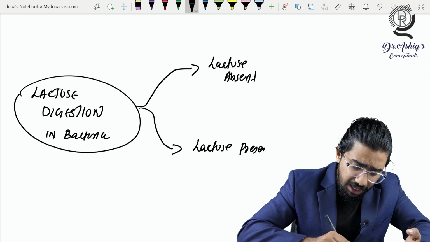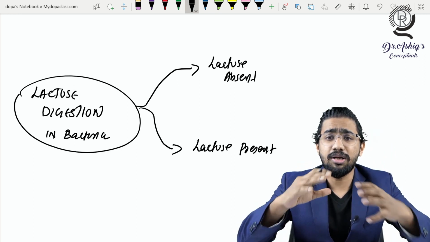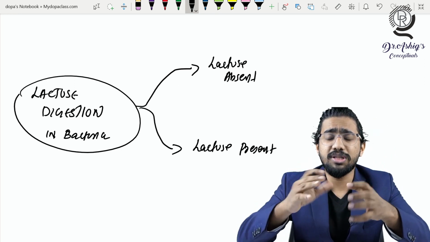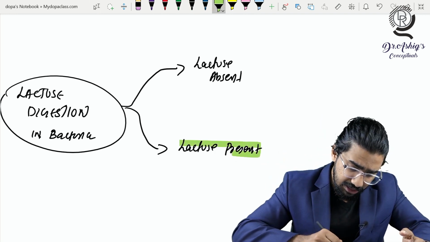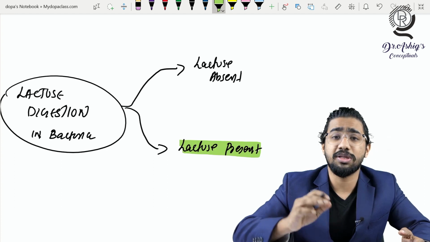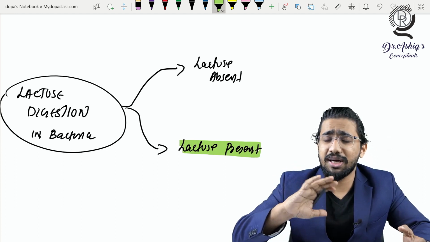In which condition does the bacteria have to produce the enzymes for lactose digestion? Bacteria have to produce the enzymes only when lactose is present, and if lactose is absent, bacteria do not have to do this.